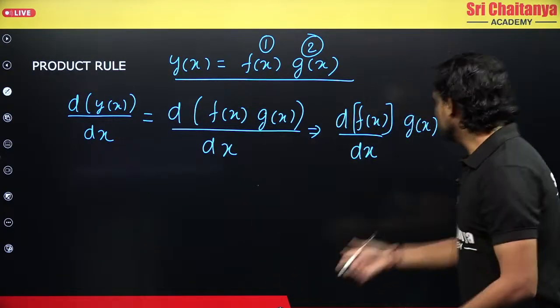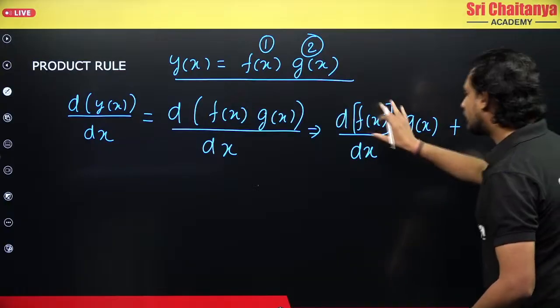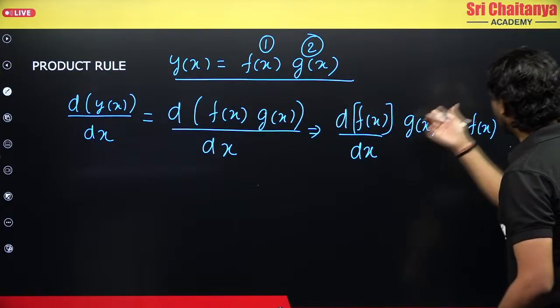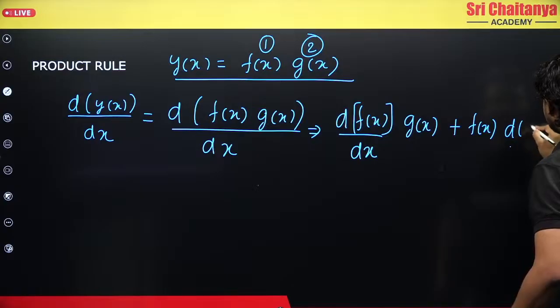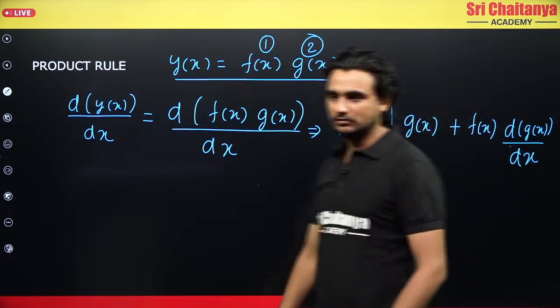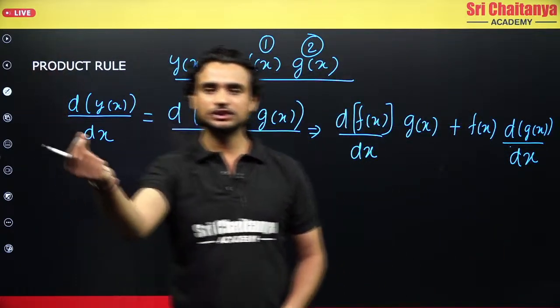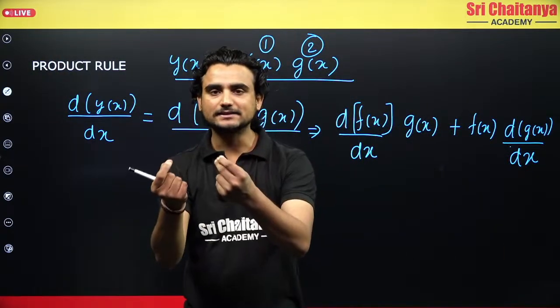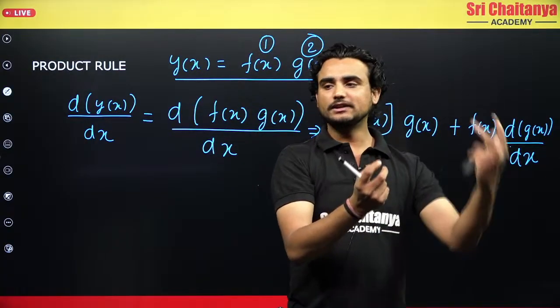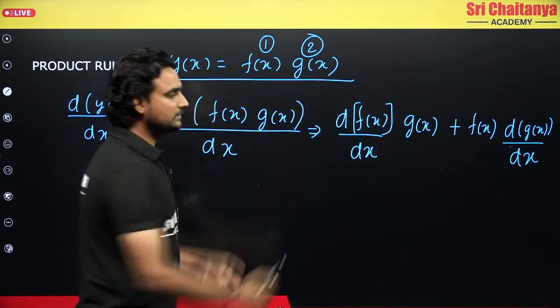In the second turn, the first function will stay there only, and nothing will happen to that, but now we will differentiate the second function. So this is the method: we differentiate the first function and keep the second function as it is, then keep the first function as it is and differentiate the second function. This is what is written here.